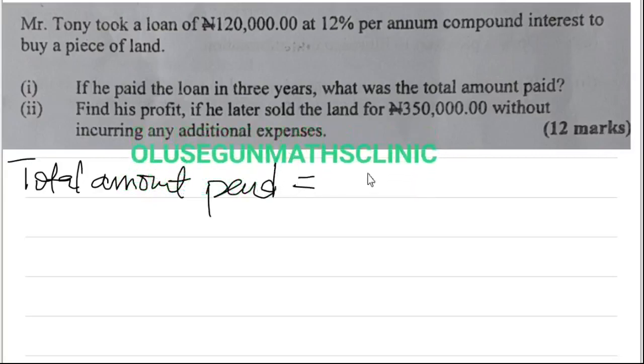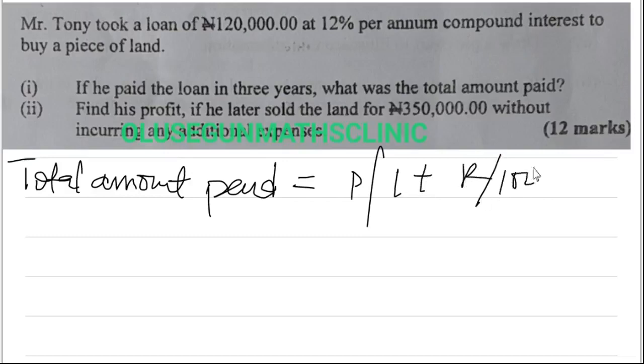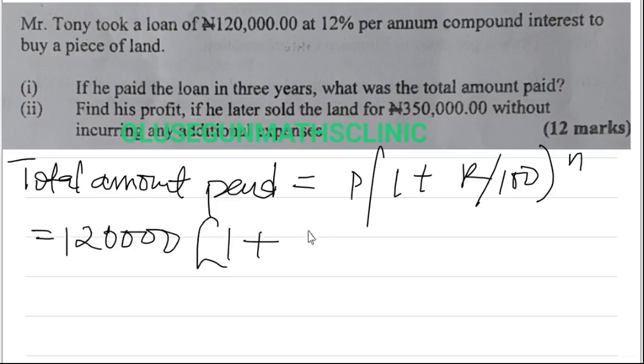Total amount paid, so the formula will be principal onto 1 plus R divided by 100, all raised to power n. You don't need to waste much of your time. We have been given the principal as 120,000, and 1 plus, what is the rate? 12 over 100, that is for the 3 years of usage.